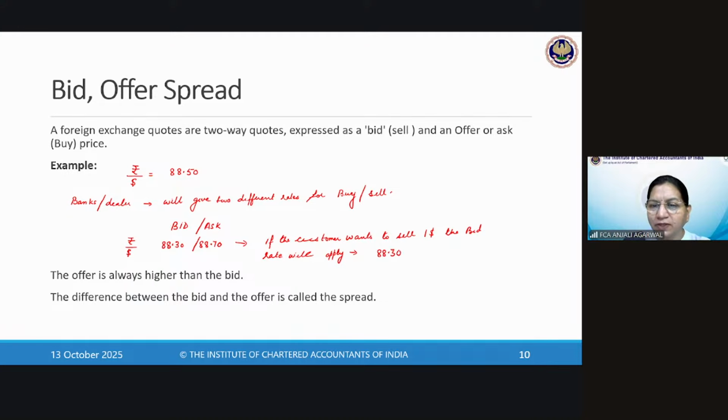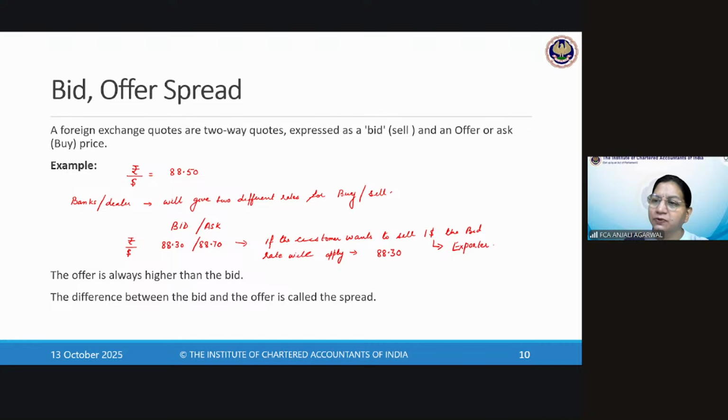Whenever you are going to sell something, you will get less. But when you go and ask for the same thing, when you want to buy it, you will have to pay a higher price. So who will want to sell $1? Think about it intuitively. Anyone who is an exporter. What will the exporter do?